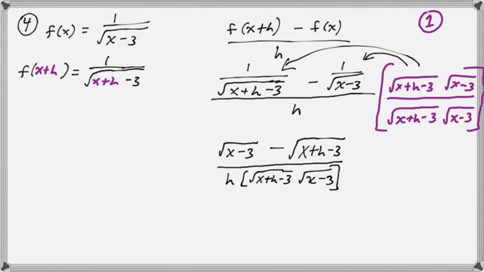Now, I'm going to get rid of the radical in the numerator by multiplying by its conjugate. The conjugate, let me change colors so it's not exactly the same. The conjugate of a minus b is a plus b. So what I'm going to multiply by is the radical, instead of minus the radical, it's going to be the radical plus the radical.